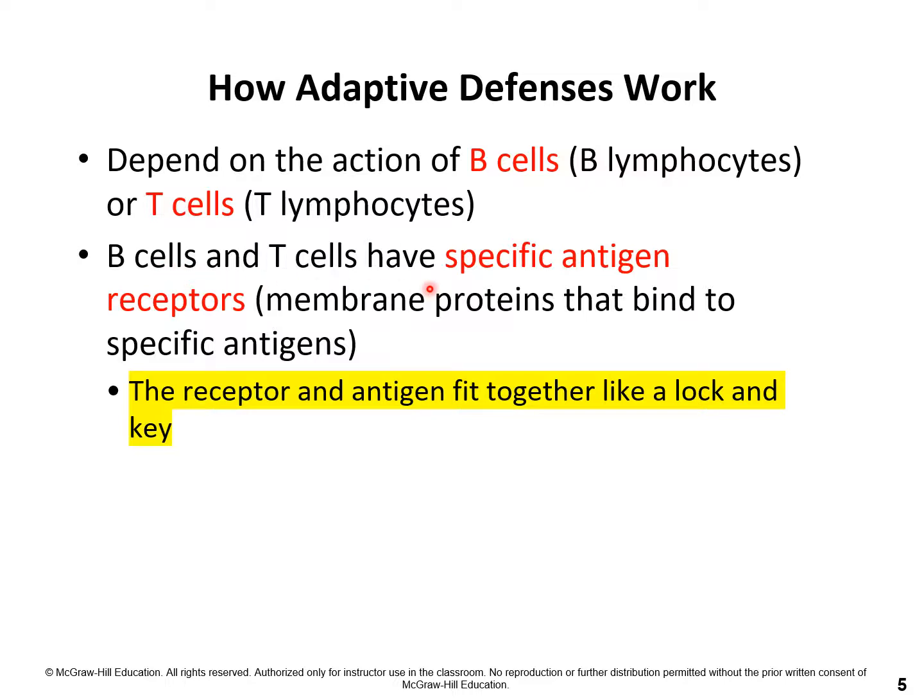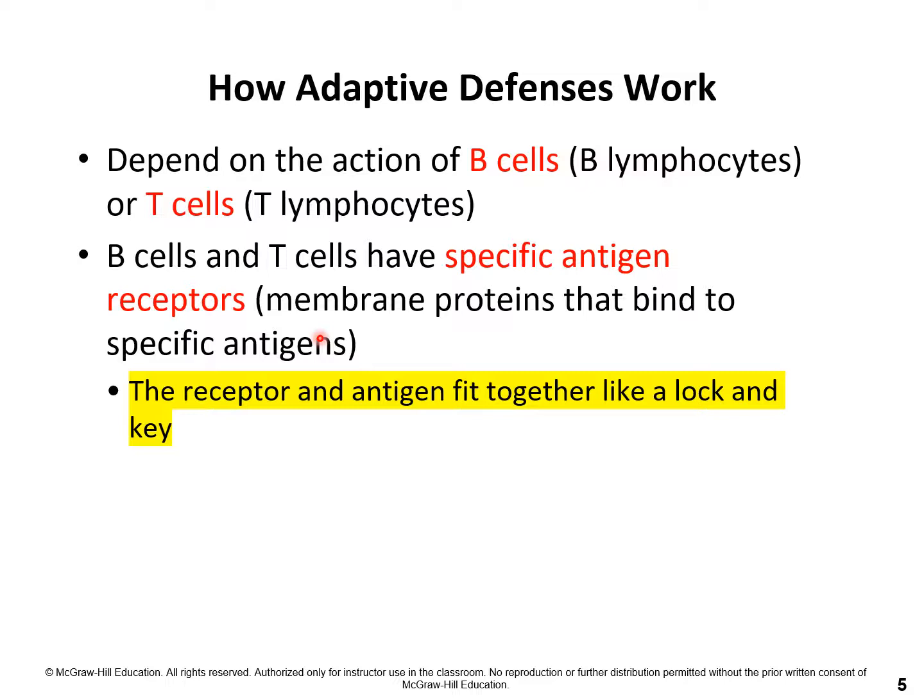B cells and T cells have specific antigen receptors on the surface of their cells. These proteins on the surface of these cells can bind to specific antigens. And once they bind to specific antigens, they go through this phase of maturing, either in the bone marrow for the B cells or the thymus for the T cells.